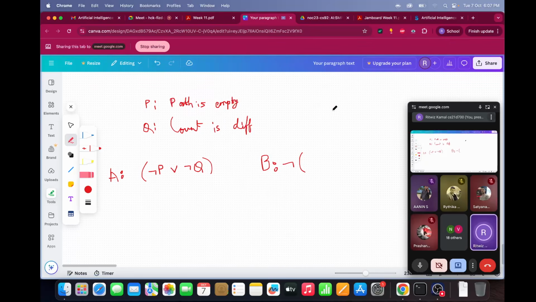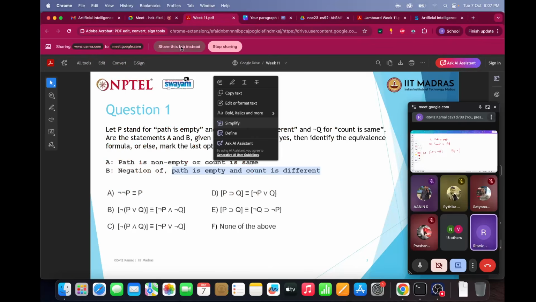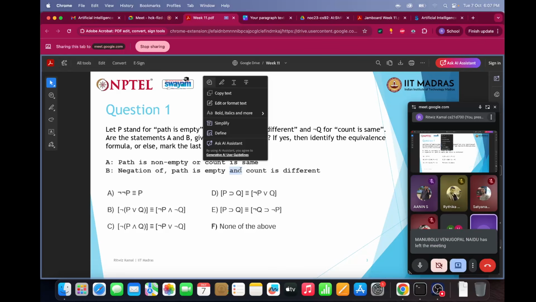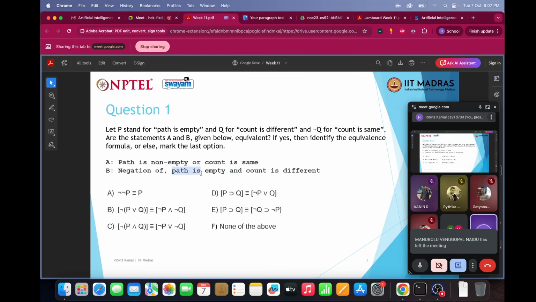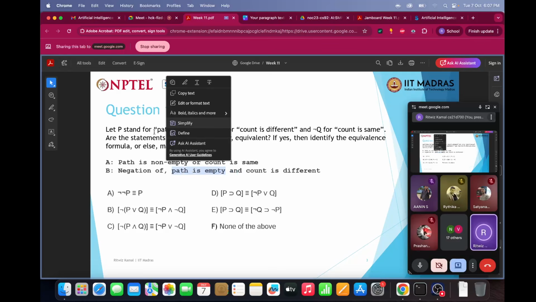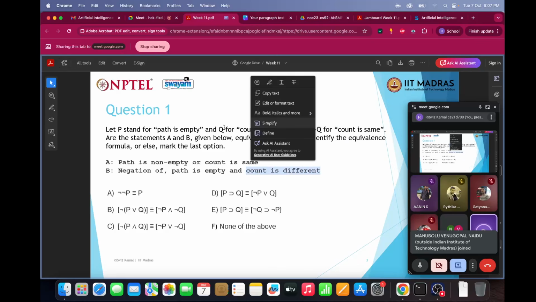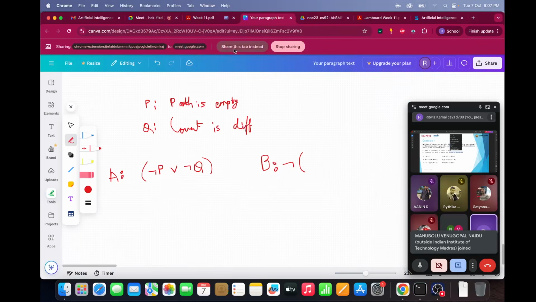We'll close the bracket when we fill it in. This part is again connected by an AND operator, and there are two parts. The first is path is empty, which is represented by P, and the second part is count is different, which is represented by Q, right?